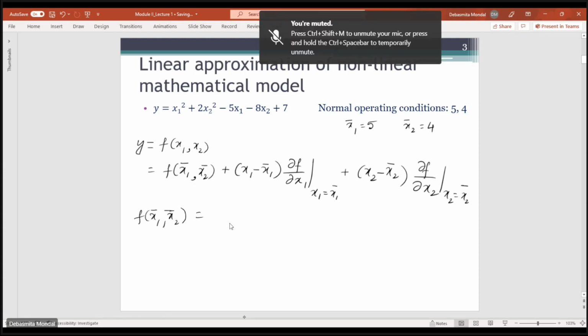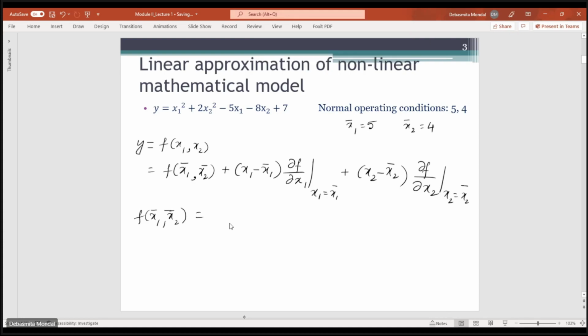Ma'am, x1 bar is 7. Delta f by delta x1 at x1 equals x1 bar. Ma'am, here in x2 also you should substitute the value, no, ma'am?